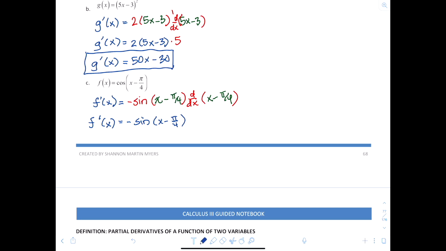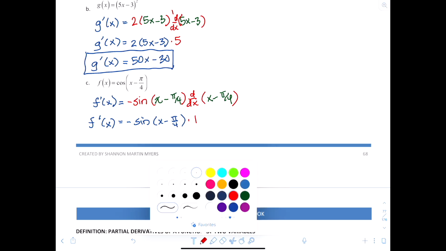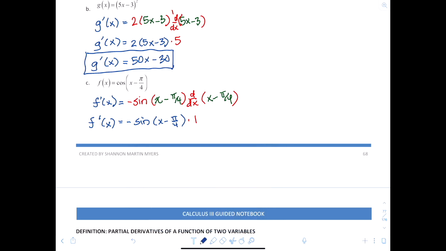And then the derivative with respect to x of x minus pi over 4 will be times 1. And so at the end of the day, we will have f prime of x is equal to negative sine at the quantity x minus pi over 4. Good, good. How are we doing so far?